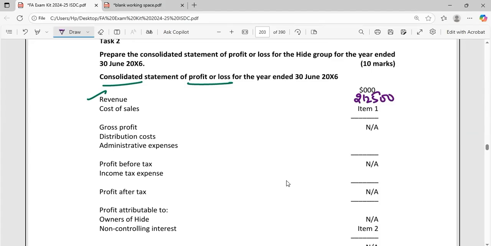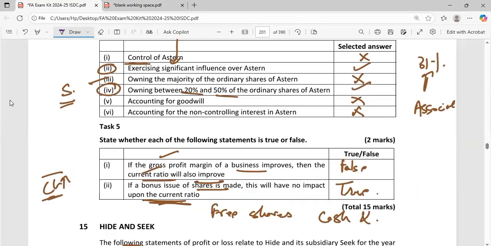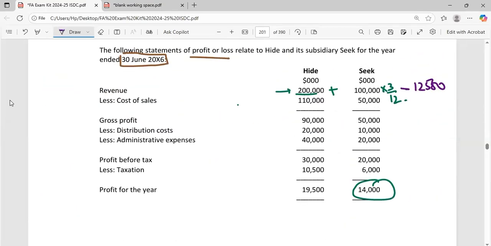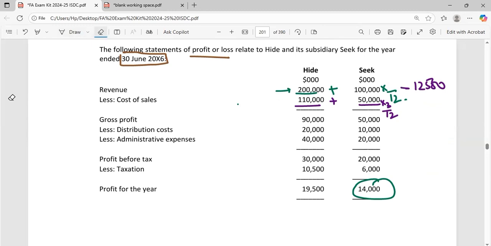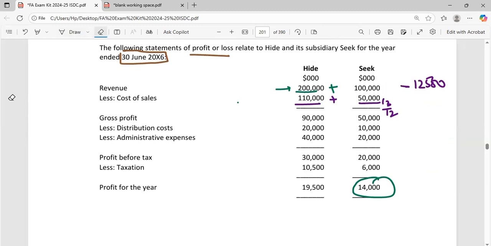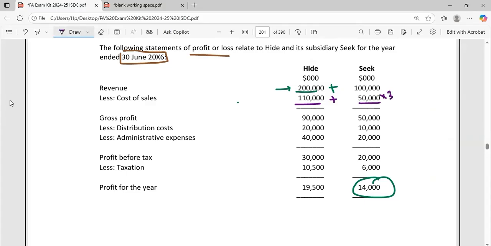Next, cost of sales. Again, see from cost of sales, what are we going to do? I will add this. Again, I will take 3 by 12 of this. Yeah. I'll take 3 by 12 of this. Now again, I'll deduct 12,500 from here, which are the intra-group sales, and I will add my unrealized profit.